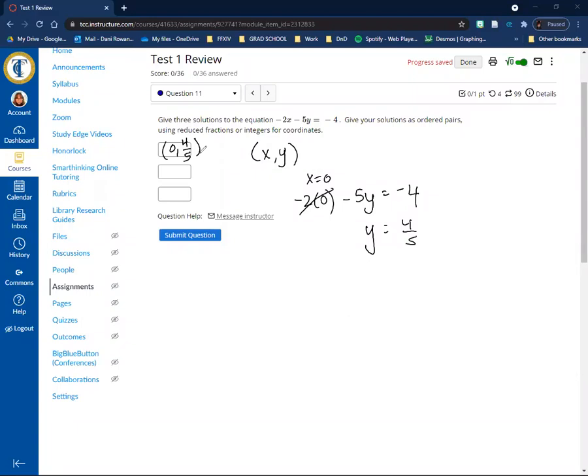It's just a matter of picking any value, plugging it in, solving for the other, and making sure the answer you write down is the ordered pair. And for this question, if you wanted to do X for all of them, you could just do 0, 1, 2. All right. Yeah, absolutely. Okay. Yep. All right, thank you. No problem.